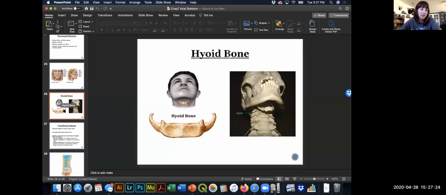It's in the axial skeleton portion of your PowerPoint for chapter 7. But we do touch on it in that lab 16, and so I put it into one of the other PowerPoints. We touched on it, but it's technically part of the axial skeleton.